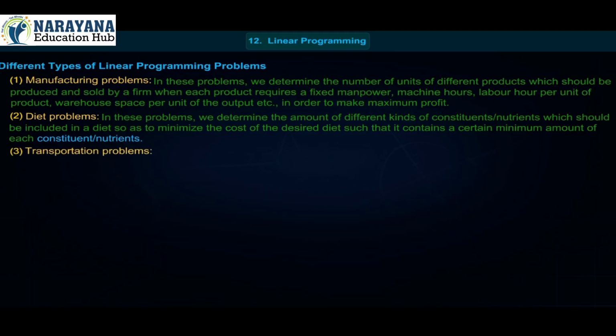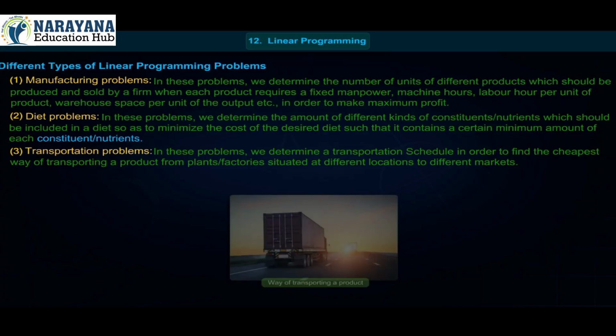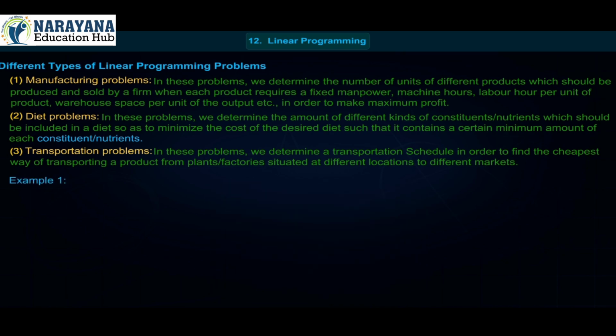Number 3. Transportation problems. In these problems, we determine a transportation schedule in order to find the cheapest way of transporting a product from plants or factories situated at different locations to different markets.